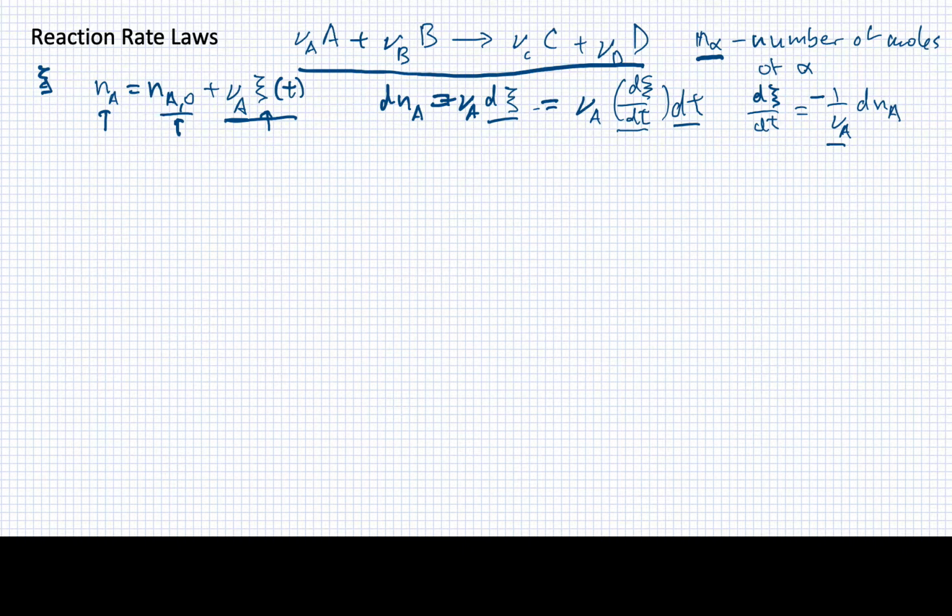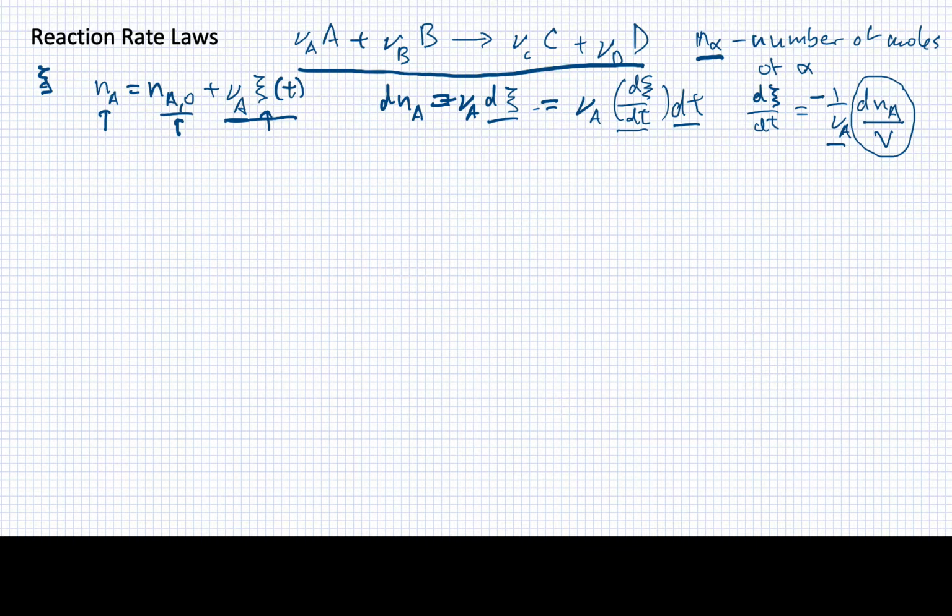The other thing I'm going to do is implicitly divide by the volume. Now, why would I do that? We don't normally keep track of the number of moles of a substance unless we're repeatedly weighing a chemical species, but we can keep track of its concentration. So by dividing by volume, I can now convert this quantity into a change in the concentration of A.